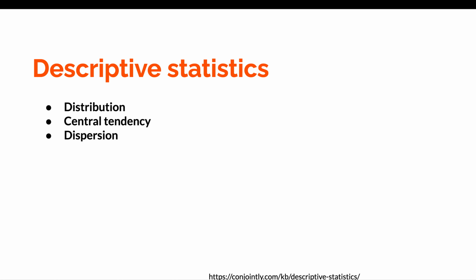Then we have central tendency. That means when we have data, we sometimes want to see what is the center data element in the data set. And the third is dispersion. Dispersion is how your values are spread. We will look at each of these points in detail.